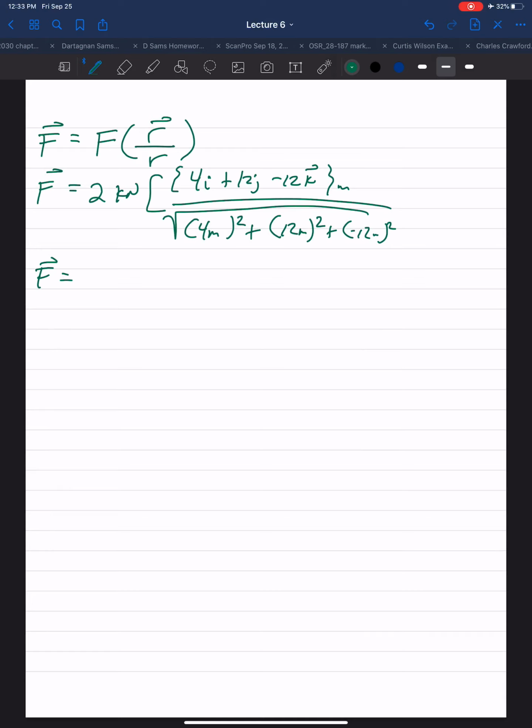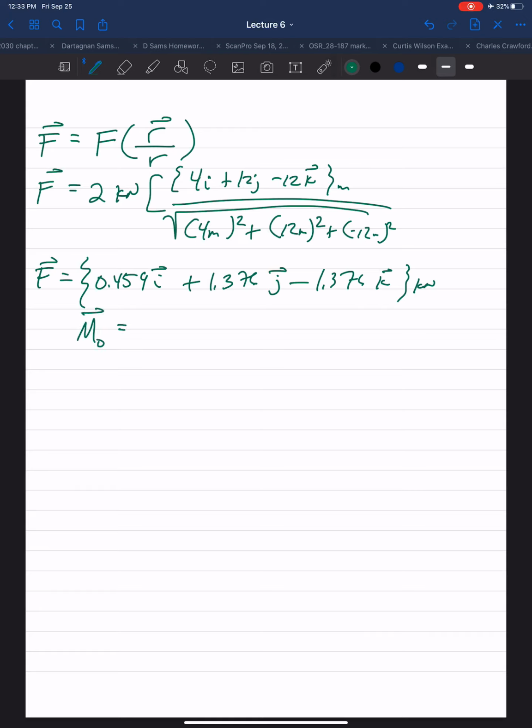F is equal to 0.459I plus 1.376J minus 1.376K kilonewtons. So that's the force in Cartesian notation. But the question is asking for the moment.